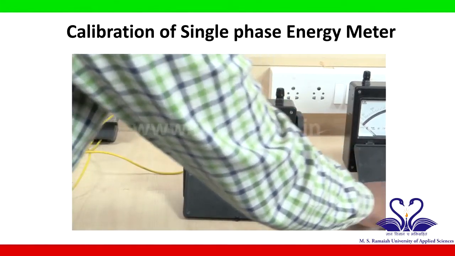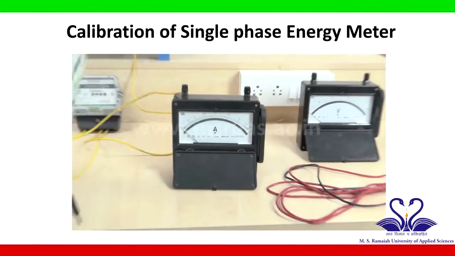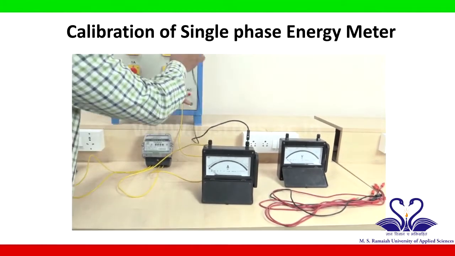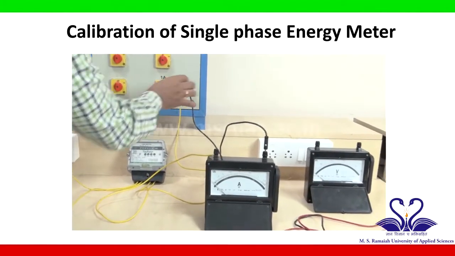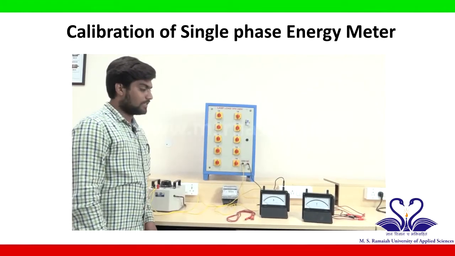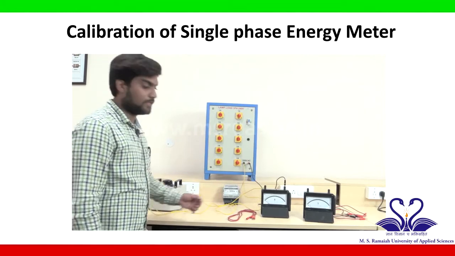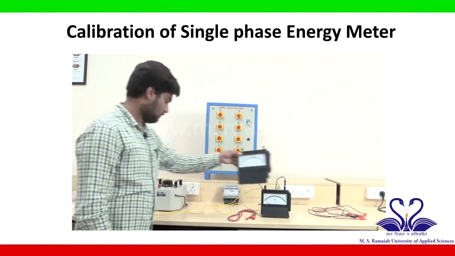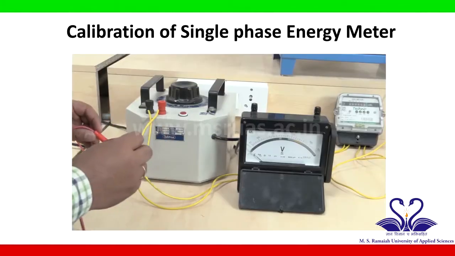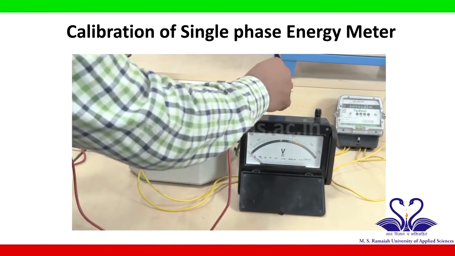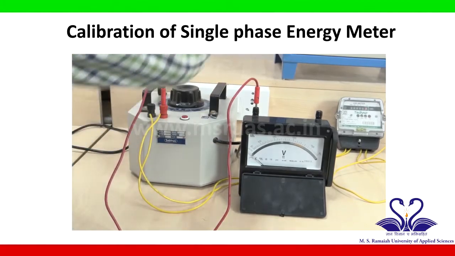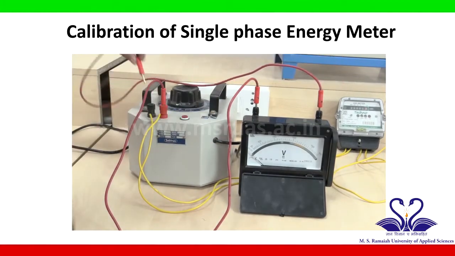Now take the connecting wires and connect the left out terminal of the ammeter to the other terminal of the load. Now let us connect voltmeter across supply using connecting wires. Now let us connect voltmeter phase to phase and neutral to neutral.